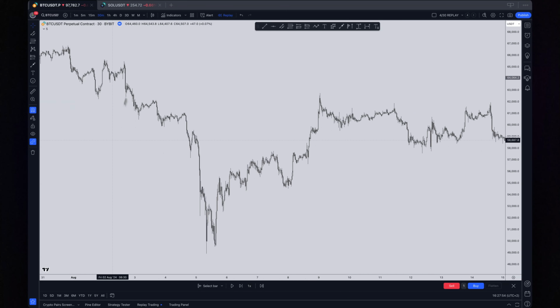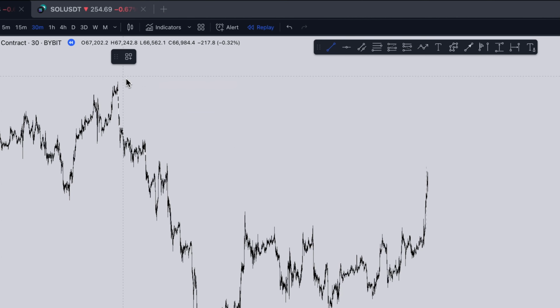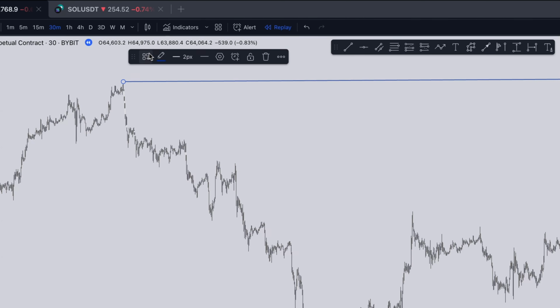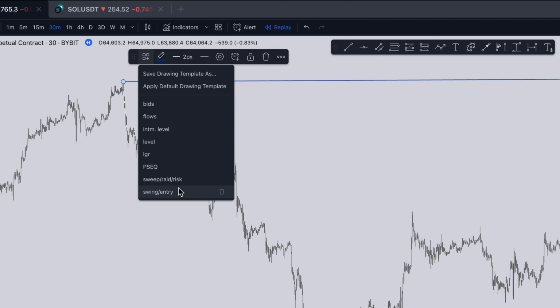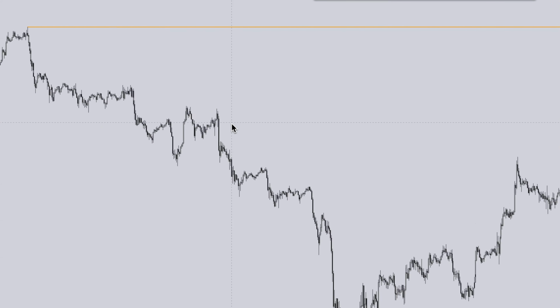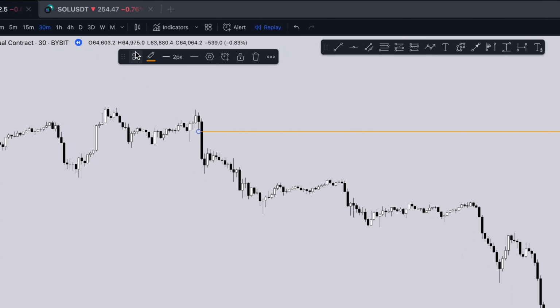All right, so first of all, let's mark the swing that we're trading within currently, which obviously is this. Then we'll mark the price is moving up.